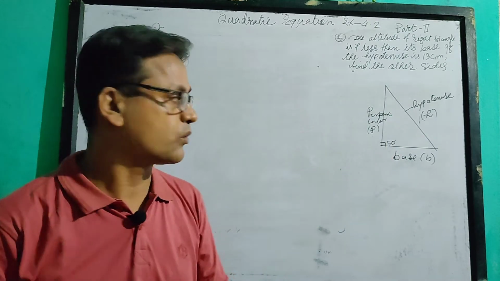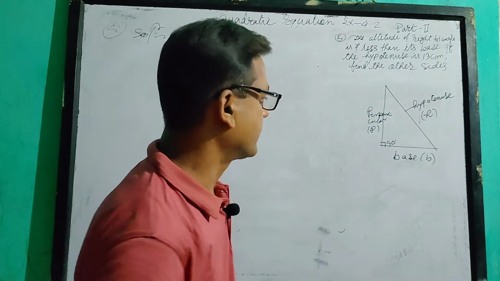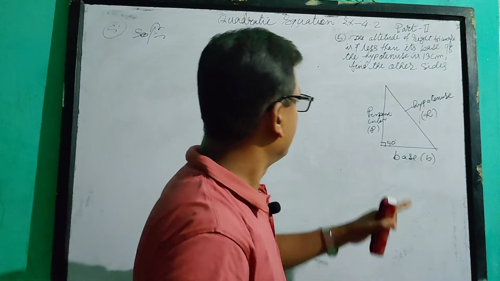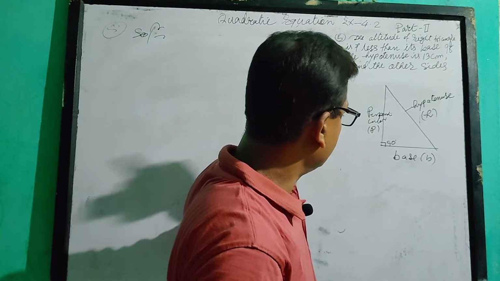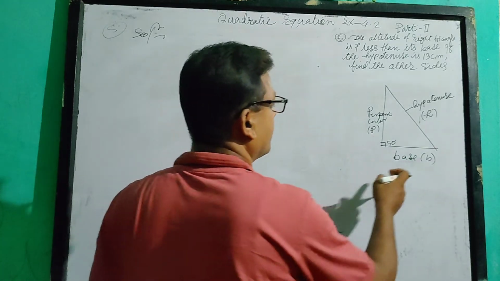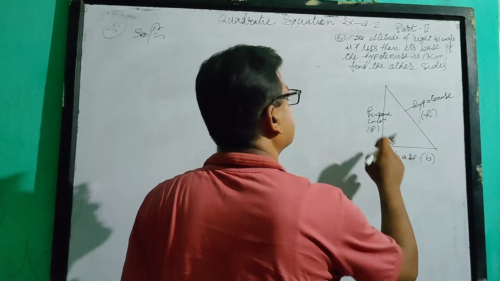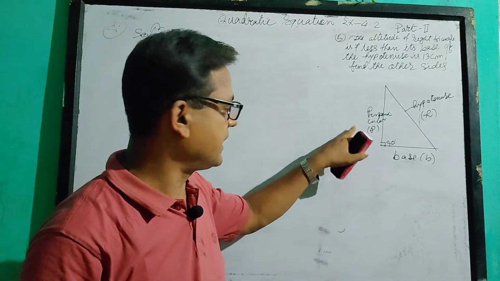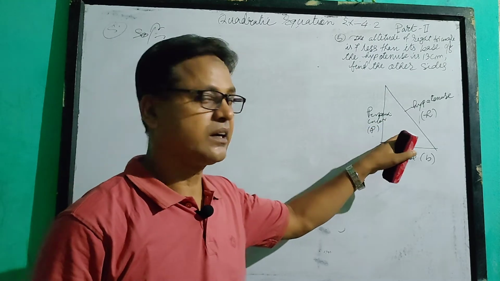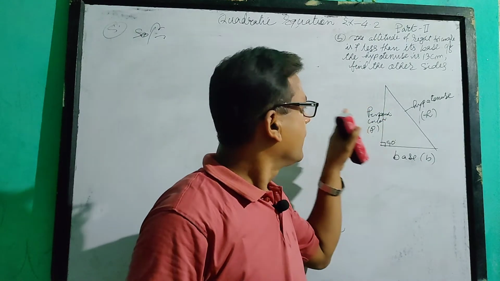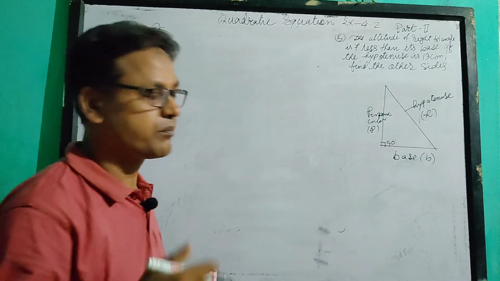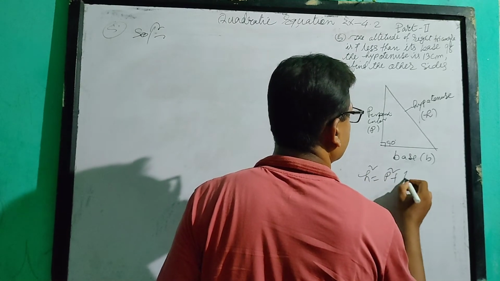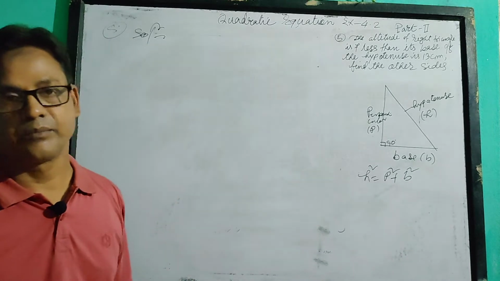If any triangle is a right triangle, what happens? The hypotenuse squared is equal to the base squared plus the perpendicular squared. That is the Pythagoras theorem: the hypotenuse square is equal to perpendicular square plus base square.